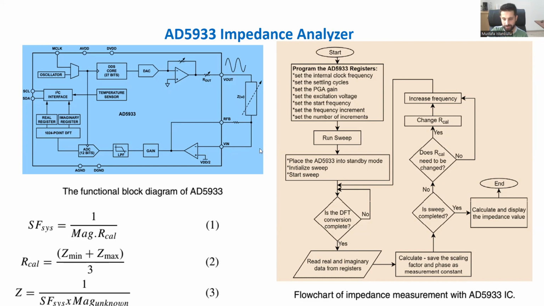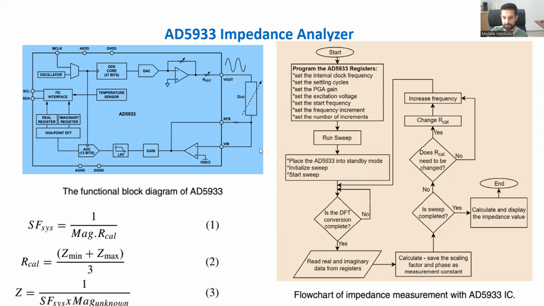In the transmit stage, the DDS core generates 27-bit numerical sample and converts it into an excitation voltage by digital to analog converter with a 12-bit resolution. Excitation signal with user-defined peak-to-peak voltage value is applied to the test impedance connected to V-out and V-in pins.